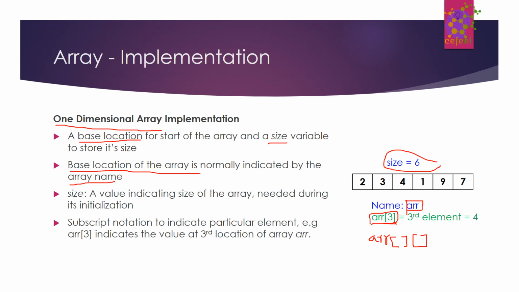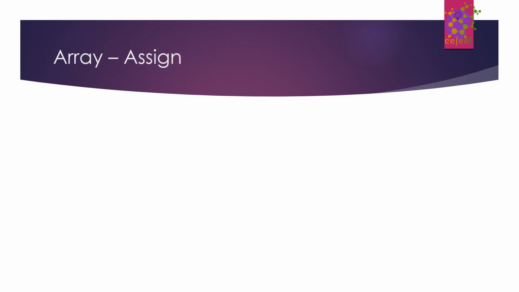Alright, awesome. So let's now go ahead and see each of these operations in a little detail. The first one is the simplest operation, which is the assignment operation. Here we assume that we are given an array, a number, and a position in the array where we want to assign the element.